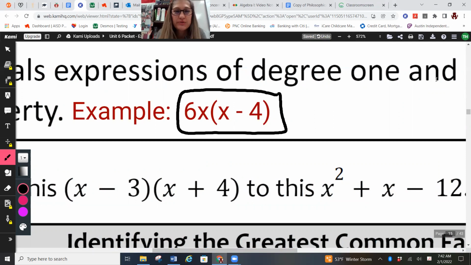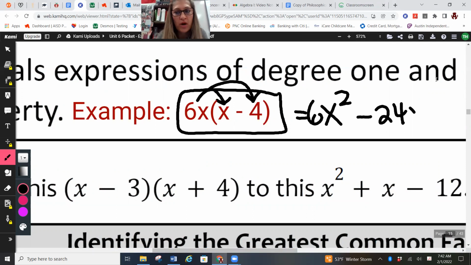We would have to use the distributive property to simplify this, right? 6x times x is 6x squared, and 6x times negative 4 would be negative 24x. So basically, we're going to be given the answer, and we have to bring it back to the original distribution problem, okay?